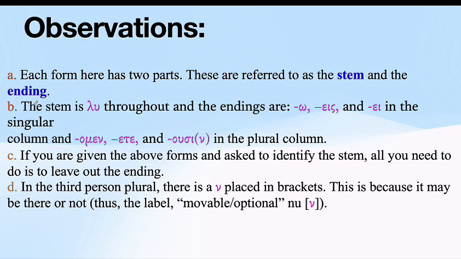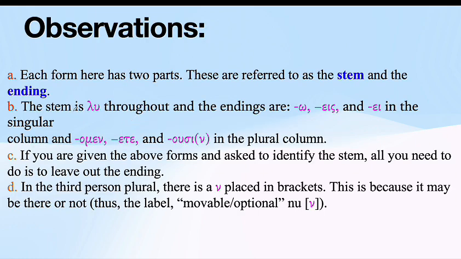Stem and ending. Don't forget these words. These are very important terms in your study of Greek verbs. The stem is lu throughout and the endings are o, eis, ei in the singular and omen, ete, ousin in the plural, like I showed you.